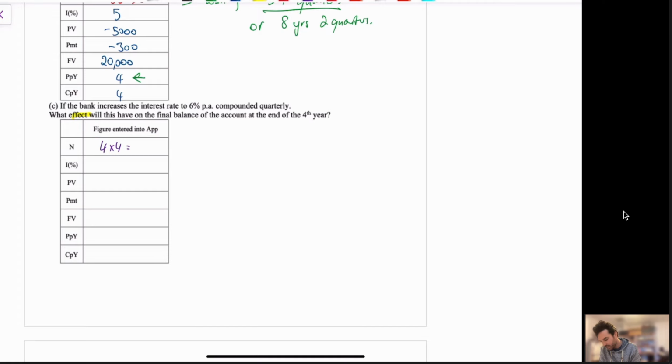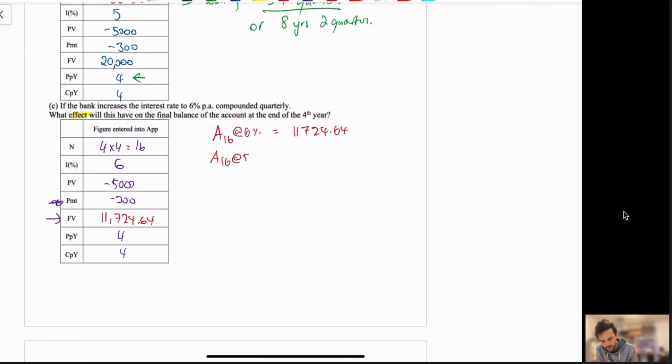4 times 4 is 16. It's now 6%, that's our change. Okay, now we solve, and out comes our answer of. Okay, so we've got A16 on 6% is going to be 11,724.64.